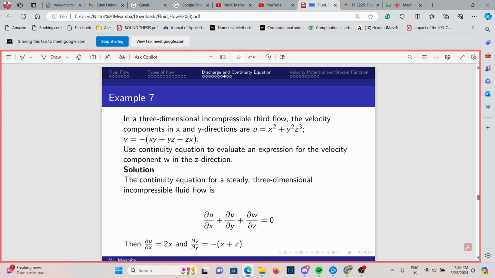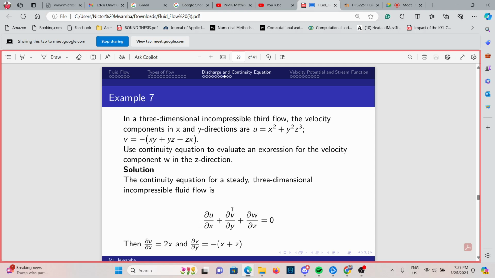So 2 minus 1 is 1. That's why x here is to the power 1, because you have reduced the exponent by 1. And then y squared and z to the power 3 will act as constants because we are only differentiating with respect to one variable, which in this case is x. So this first term here is equal to 2x.